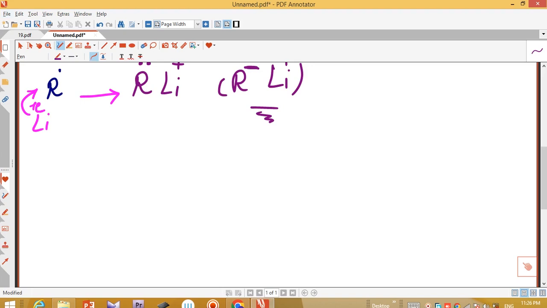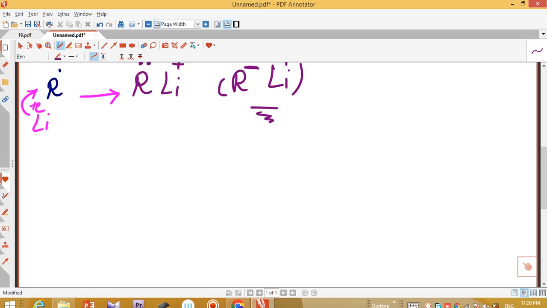Okay, we want to synthesize an alkane. So what happens here, my friends? Here we can add CuX, or copper halide, to our lithium reagent.